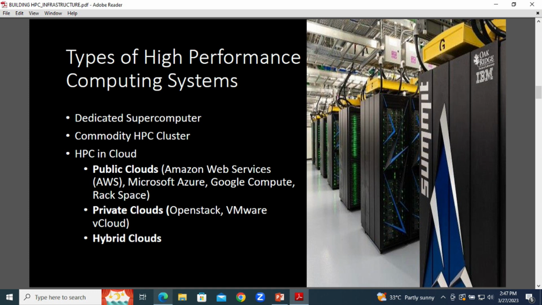Actually, when we talk about cloud in IT, we are not talking about the cloud we all know about.